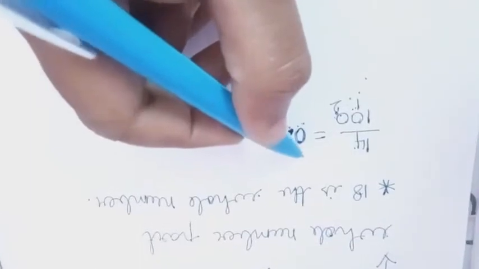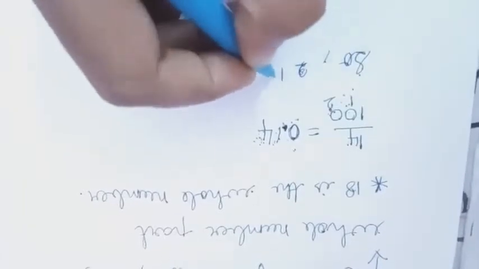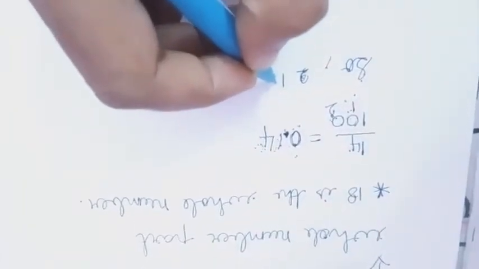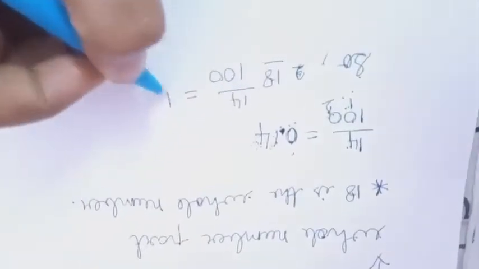The whole number has to be placed here because the whole number always comes under ones. Now we will write the whole number. So 18, 14 by 100 equals, whole number, write it first.